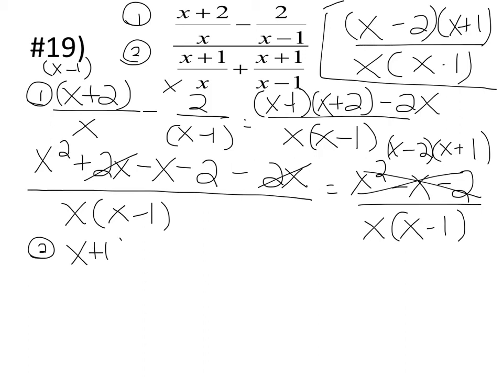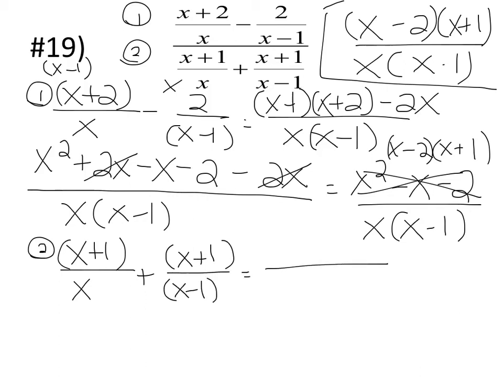We've got x plus 1 over x plus x plus 1 over x minus 1. So your common denominator is going to be x times x minus 1. This one is missing an x minus 1. This one is just missing an x.